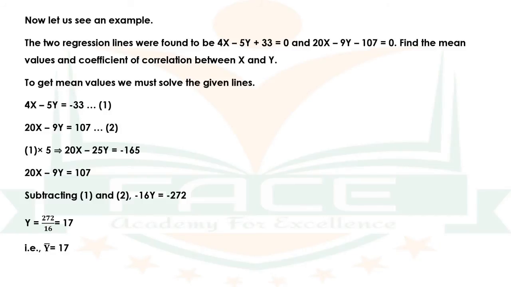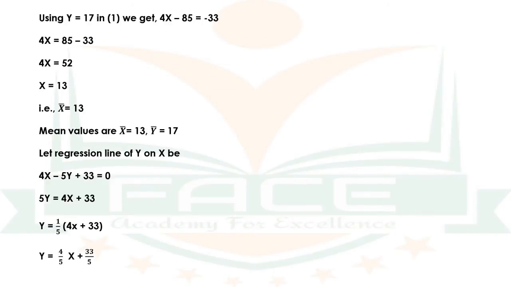From that we get y is equal to 17, which means y bar is equal to 17. And now we have to find the value of x. Using y is equal to 17 and substituting it in equation 1, we get x is equal to 13, that is x bar is equal to 13. Therefore the mean values are x bar is equal to 13 and y bar is equal to 17.